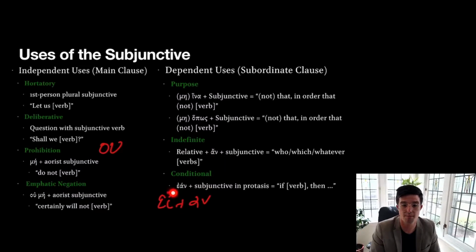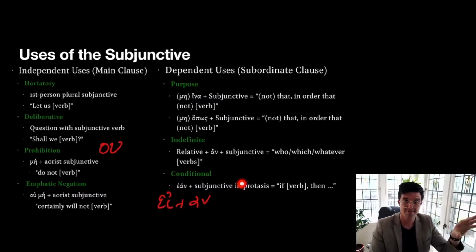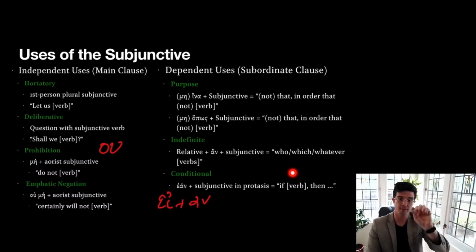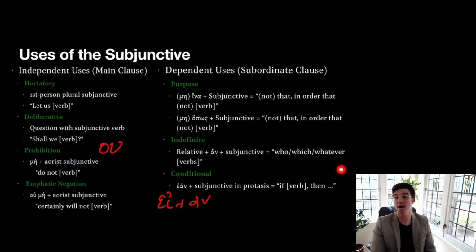So ean is a combination of ei and an. And so when you see ean with the subjunctive in what is called the protasis, the first half of a sentence, you're going to translate it "if" the verb of the subjunctive, "then," and then there's going to be another verb in here that could be in a variety of different tenses, voices, and moods.